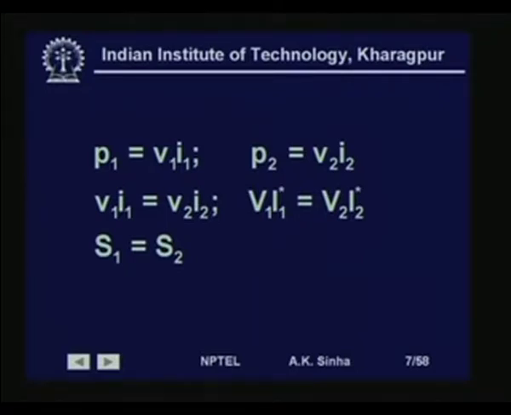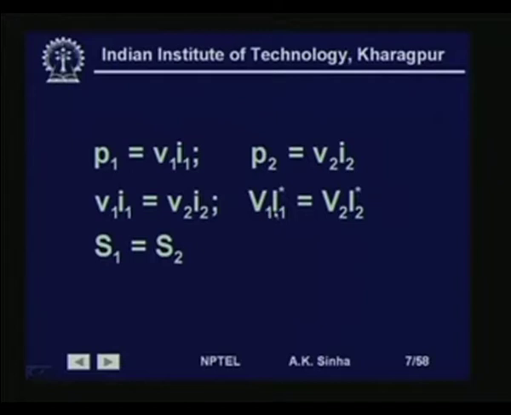If we are talking in terms of phasors instead of instantaneous values of currents and voltages, then we can write that V1 I1 conjugate, the complex input power, is equal to V2 I2 conjugate, the complex output power.